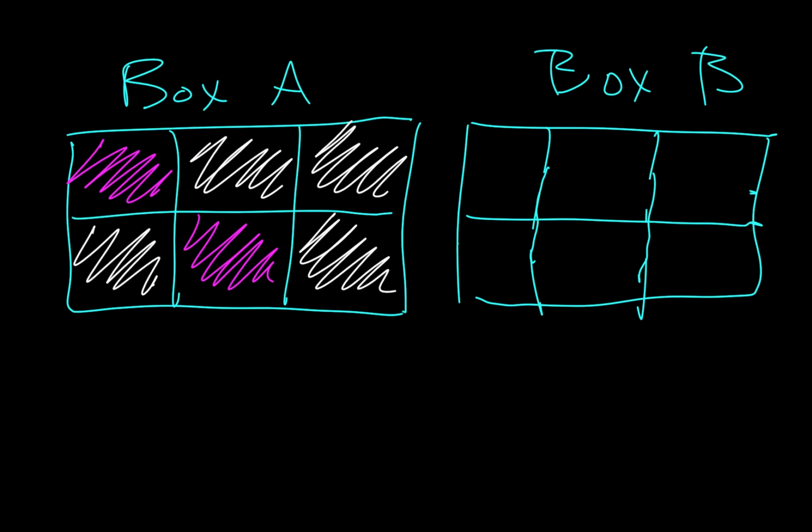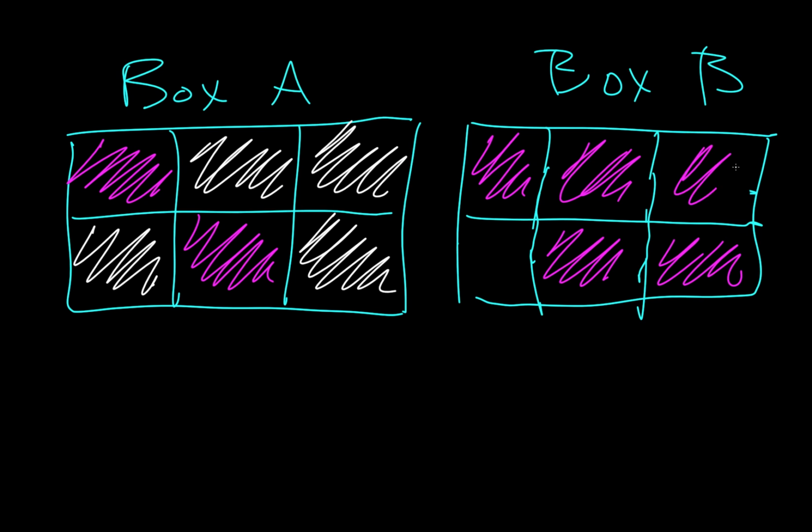So what was that? 5 purple, 1, 2, 3, 4, 5, and 1 white. A box is selected by tossing a coin, and 1 plant is removed at random from it. Find the probability that the plant was taken from box A and has a white flower.